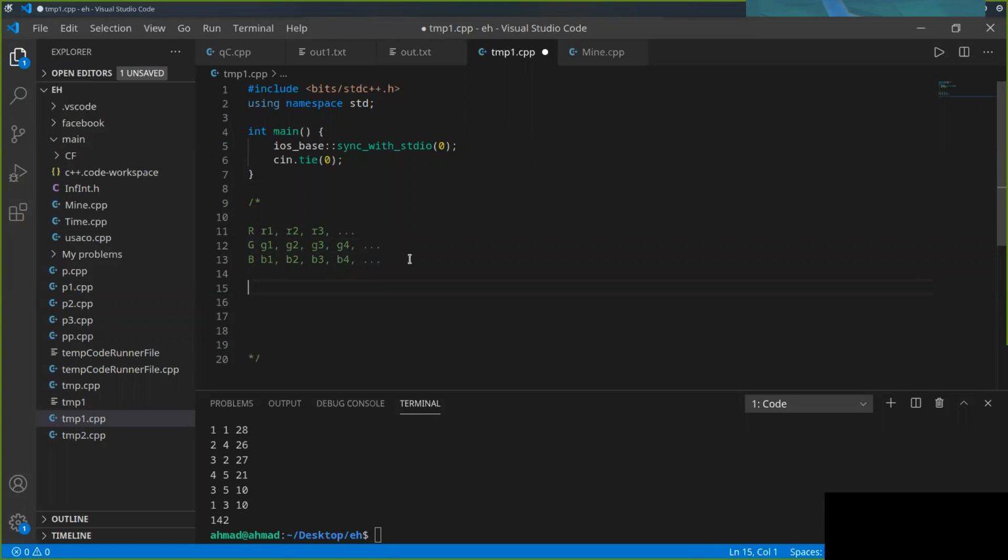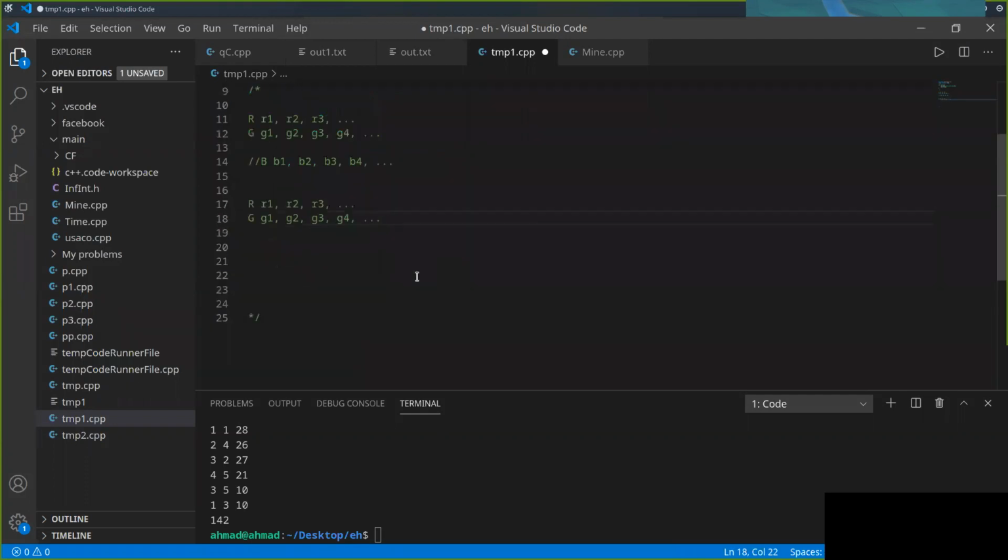To make things easier, let's forget about one array now. So now we have an easier version of this problem.